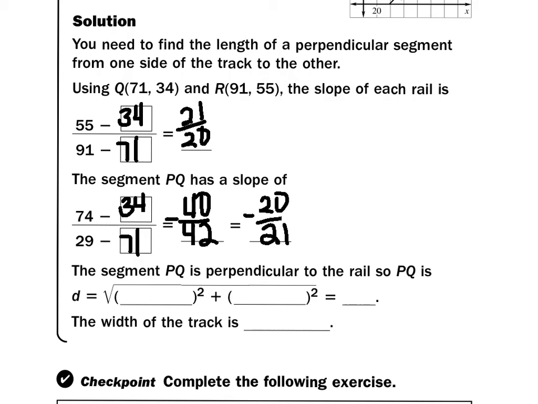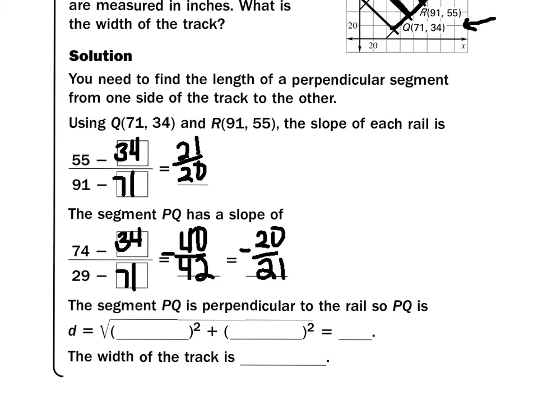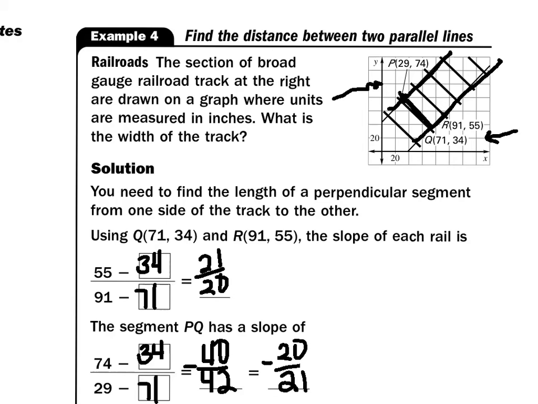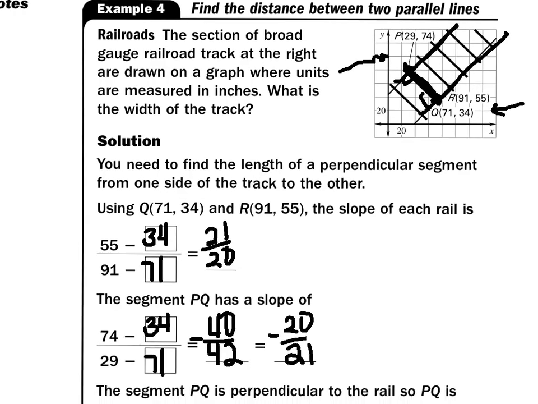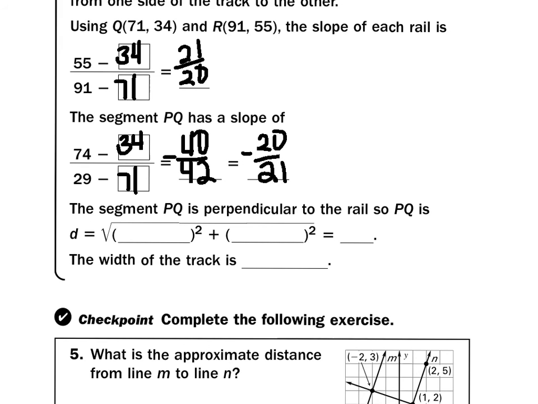So that means that I can use the distance of this little line here that touches both lines. Since it touches at a right angle, we can say that that distance is the distance across. So let's put it in the distance formula now.